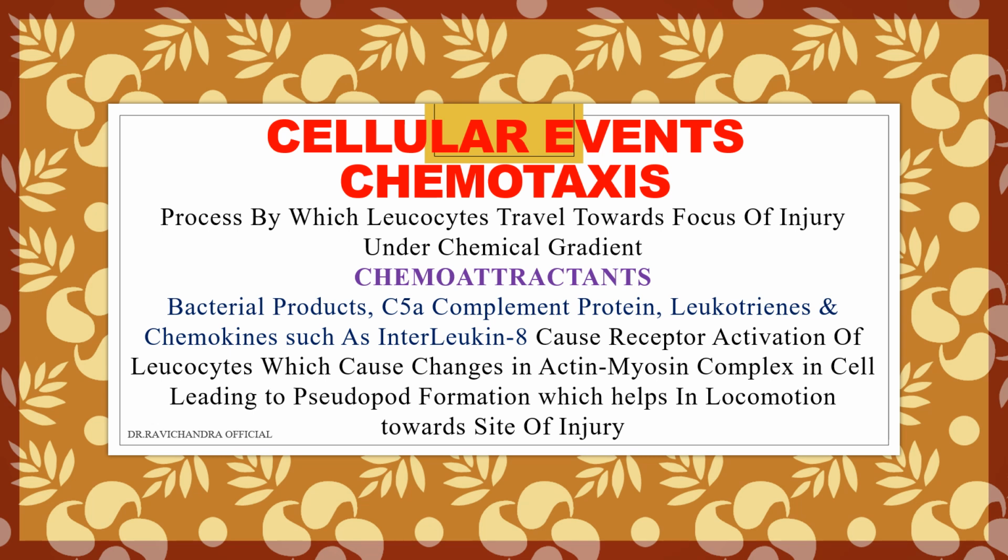These chemoattractants can be bacterial products or complement proteins like C5a, leukotrienes, chemokines like interleukin 8, which will cause receptor activation of the leukocytes, which will result in change in the actin myosin complex in a cell, leading to pseudopod formation, which will help the leukocyte for locomotion towards the site of injury.